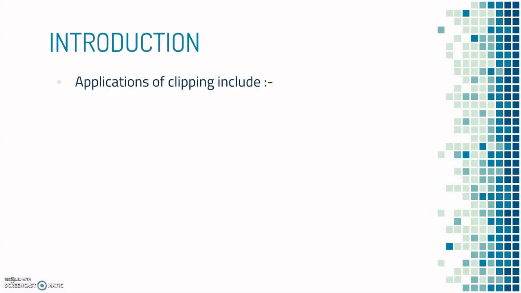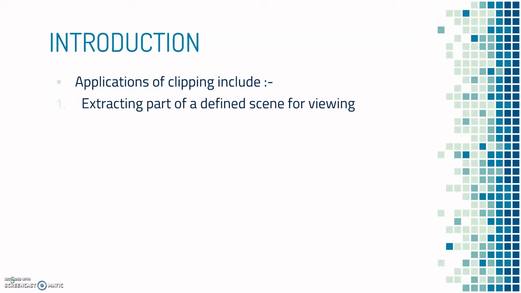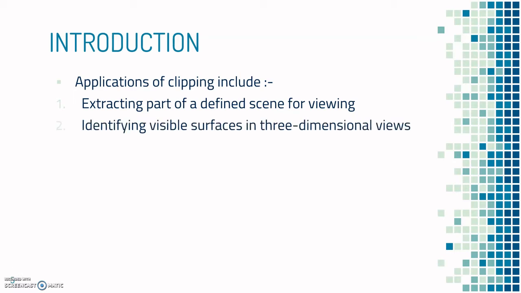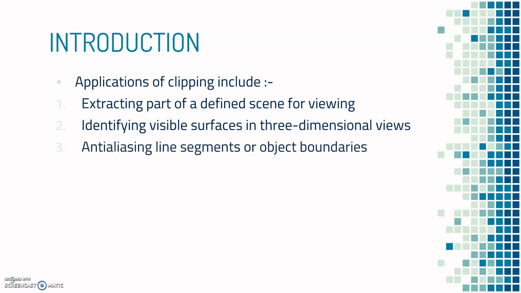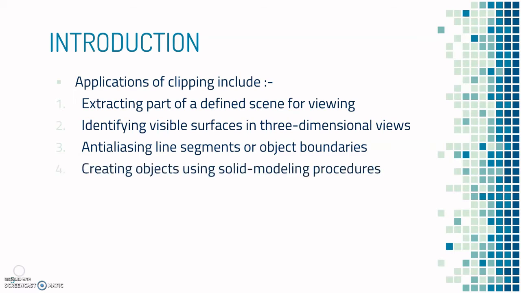Applications of clipping include extracting part of a defined scene for viewing, and identifying visible surfaces in three-dimensional views. Another application is anti-aliasing line segments or object boundaries, then creating objects using solid modeling procedures, and displaying a multi-window environment.